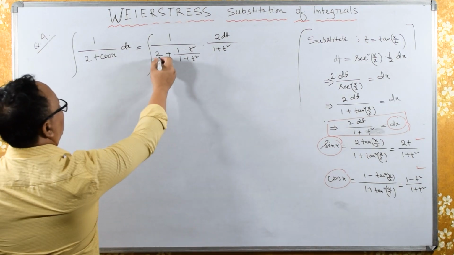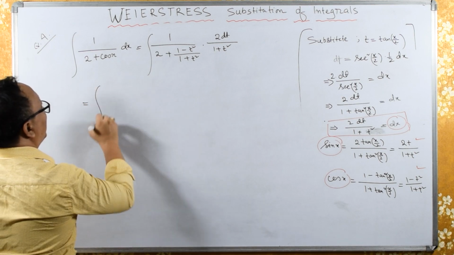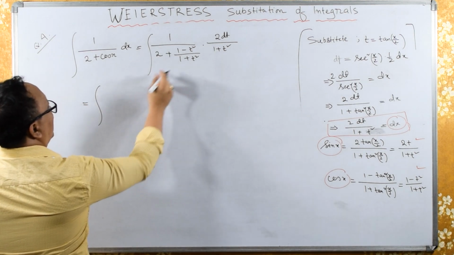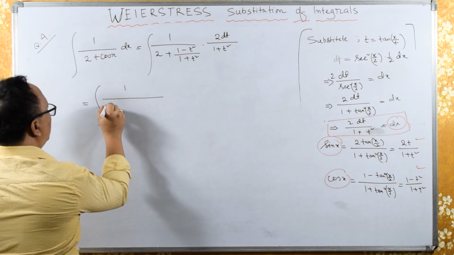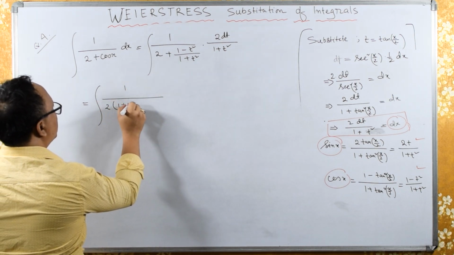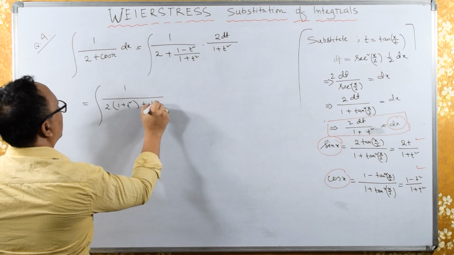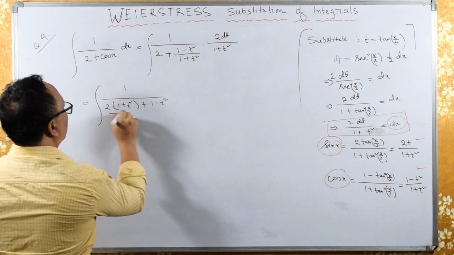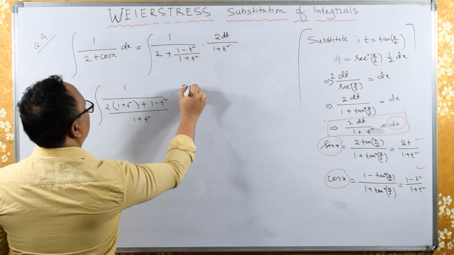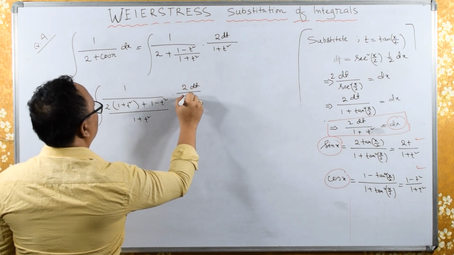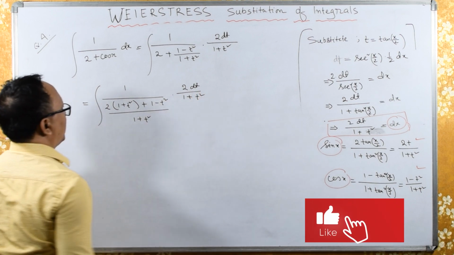Now if I take the LCM, what will come: 1 upon 2 into 1 plus t square plus 1 minus t square upon 1 plus t square, into 2 dt upon 1 plus t square.